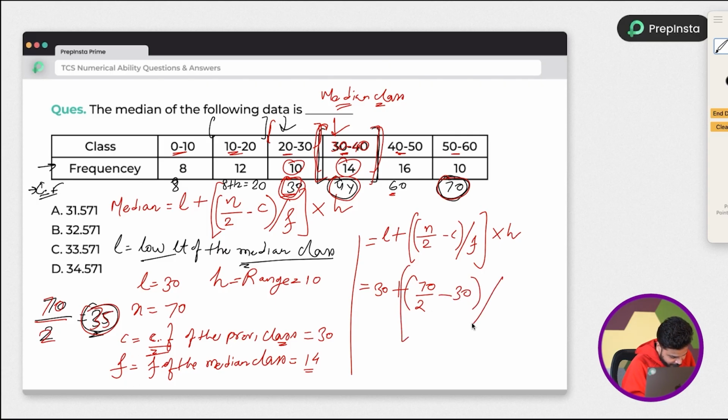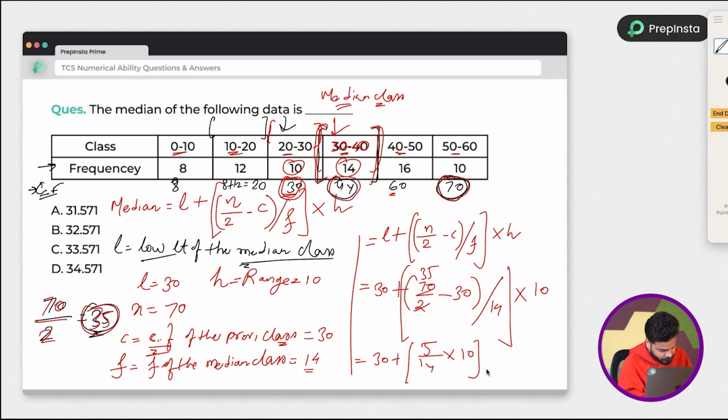This whole divided by F, that is 14, multiplied by H, which is 10. This is 35, right? 35 minus 30, so 30 plus 5 divided by 14 into 10. That's what it is.